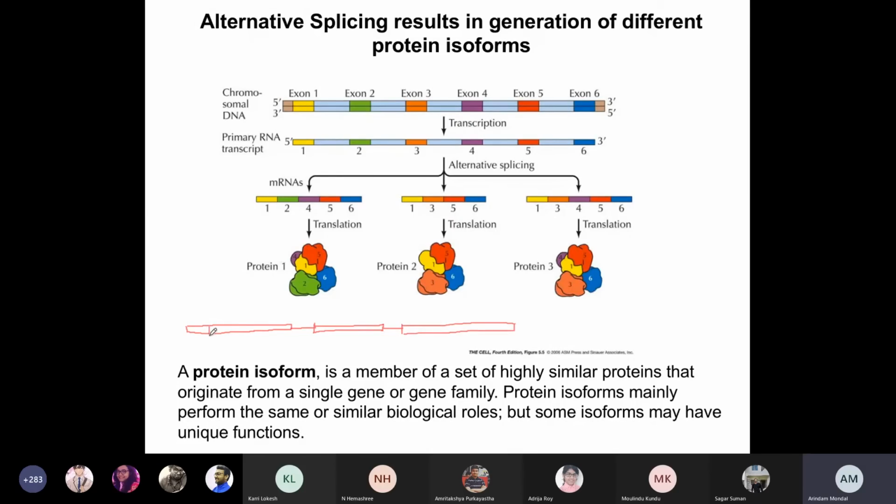But then in gene 1, maybe this particular region will be exactly the same as this particular region because both are encoding for 1, right? So you'll be having multiple repeated sequences. So that will be even wastage of resources, right?